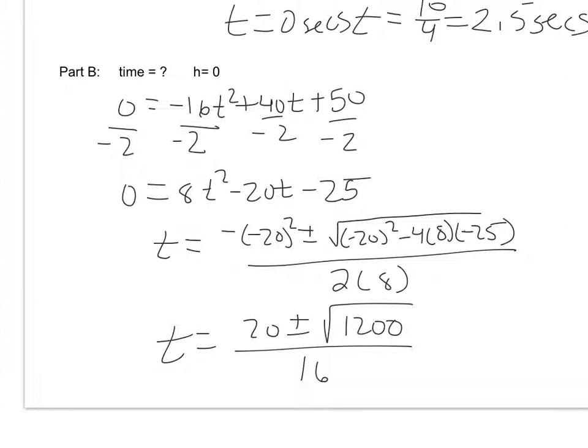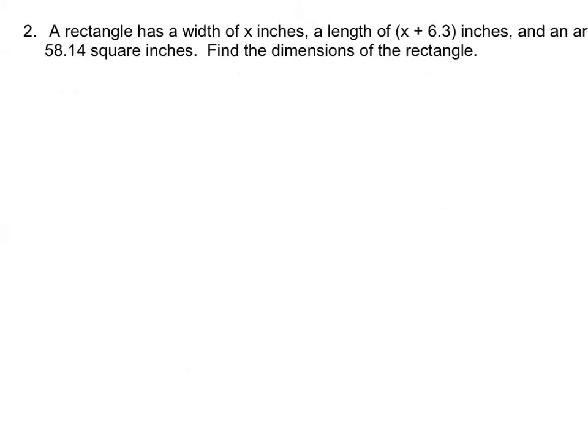And obviously you're not going to have a negative time, so only one of these will work. So 20 plus the square root of 1200 divided by 16. So you get, it took 3.42 seconds. Okay? So there we go. Let's take a look at another.